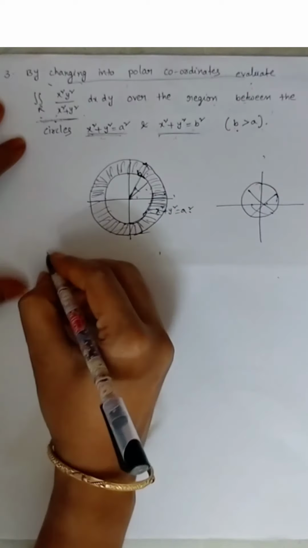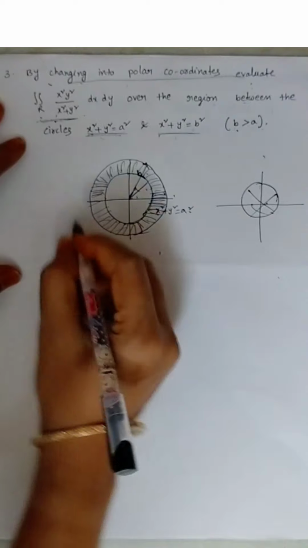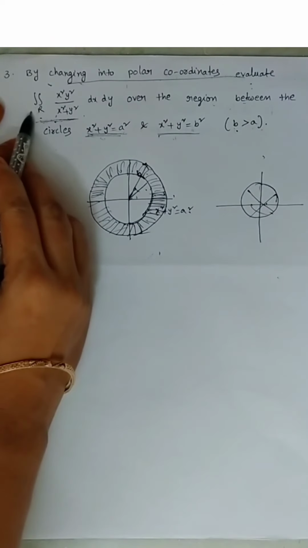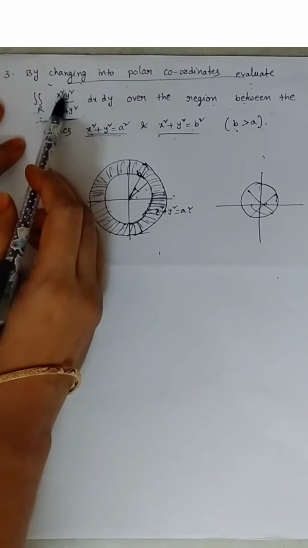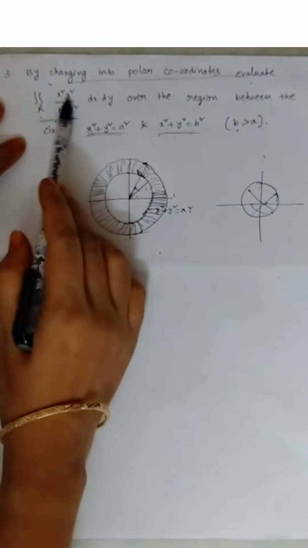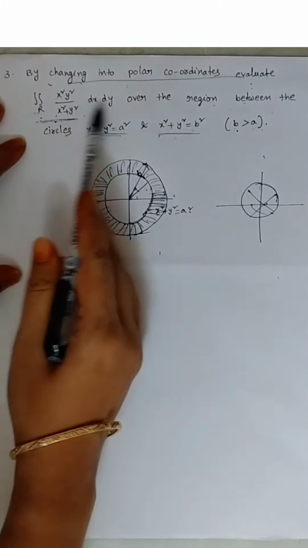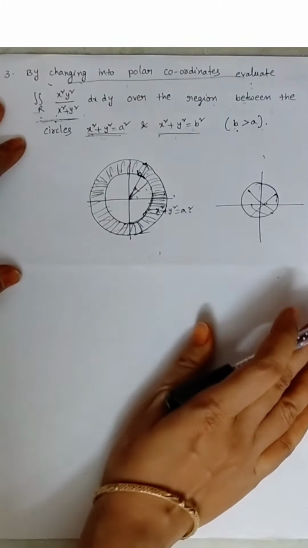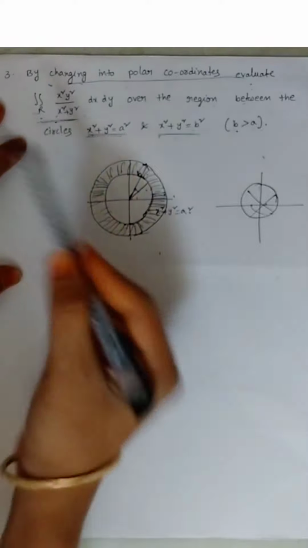Now just write the problem. In this integration they did not mention x limits and y limits. Actually we don't need x limits and y limits, we need polar coordinates, that means r limits and theta limits are enough.